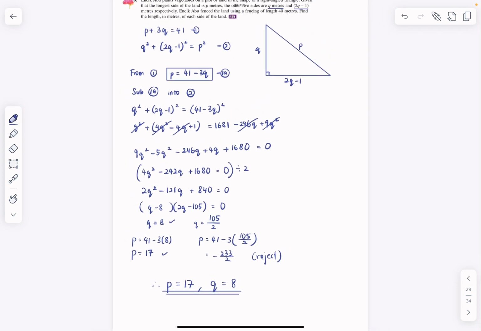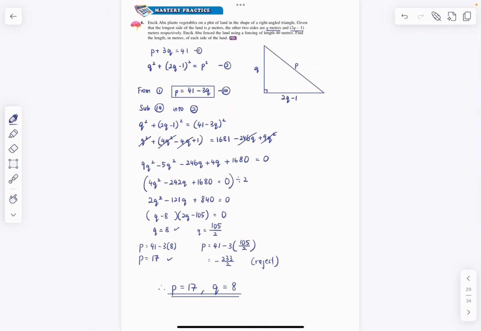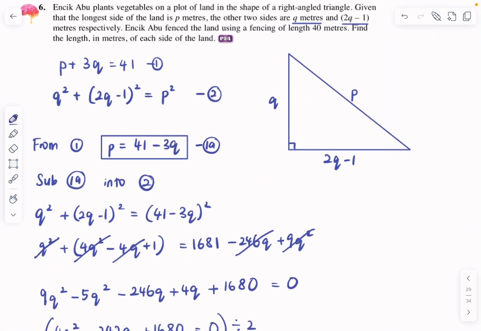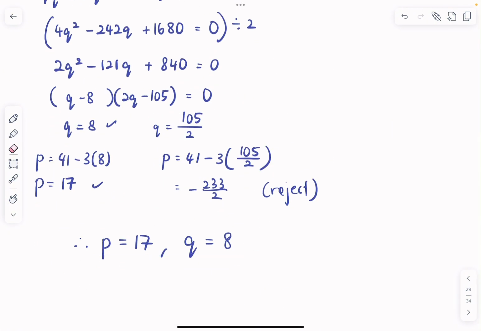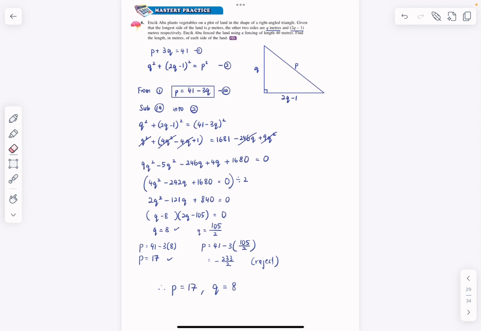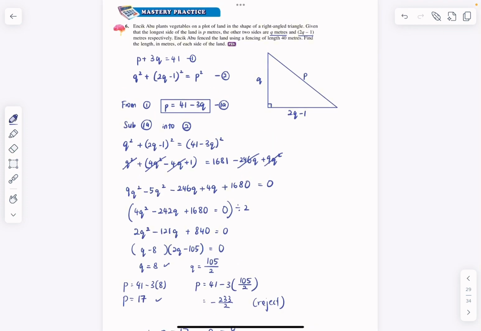This will be our final answer. Oh, but here they ask us to find the length of each side of the land. Okay, so this will not be our final answer. So this side of the land will be 17 because p is 17. q is 8, so this will be 8 meters. So 17 meters.